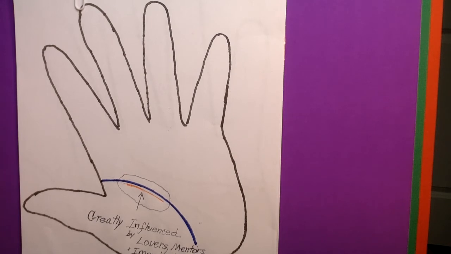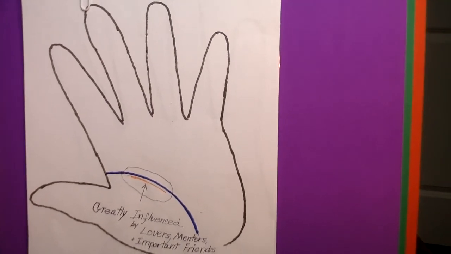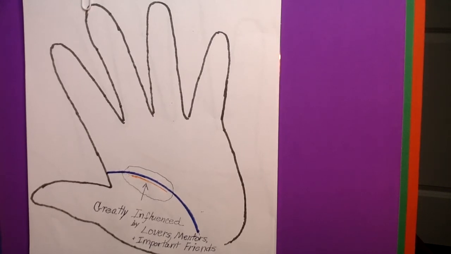This means here is a relationship that is greatly influenced by either the lover, the person you're with, a mentor, somebody you look up to, someone who has helped you tremendously, or important friends. Okay? I've seen this on people who have been very close friends and they decided to get married and they stayed together. Now you can time this from the lifeline to see when it started and when it will end. It looks like it ends in the late 20s, almost age 30, and it begins in the late teen years.